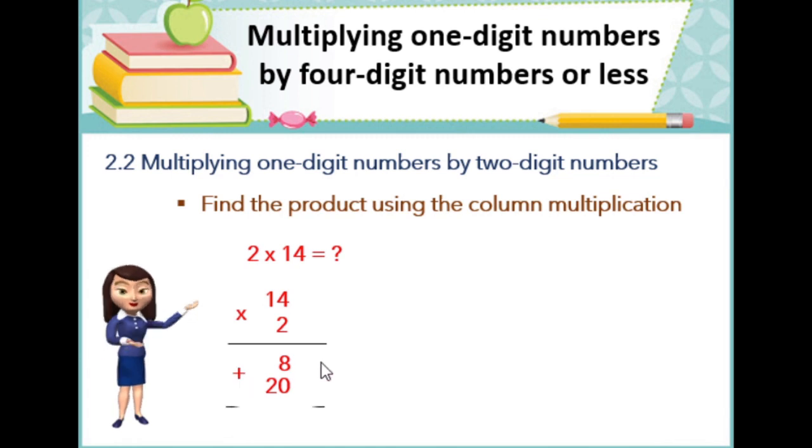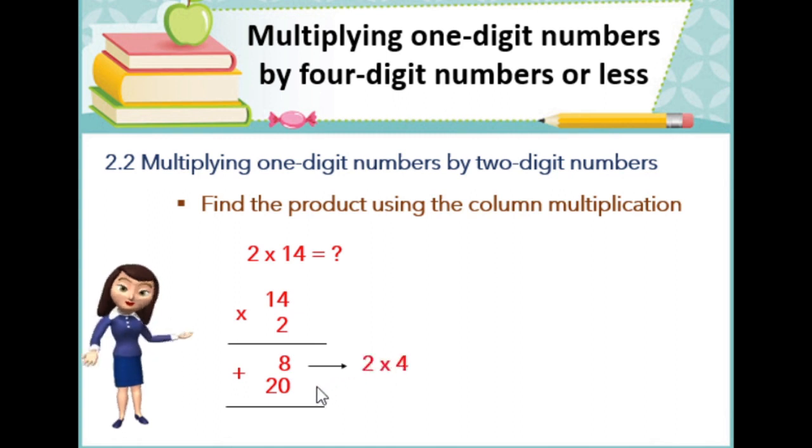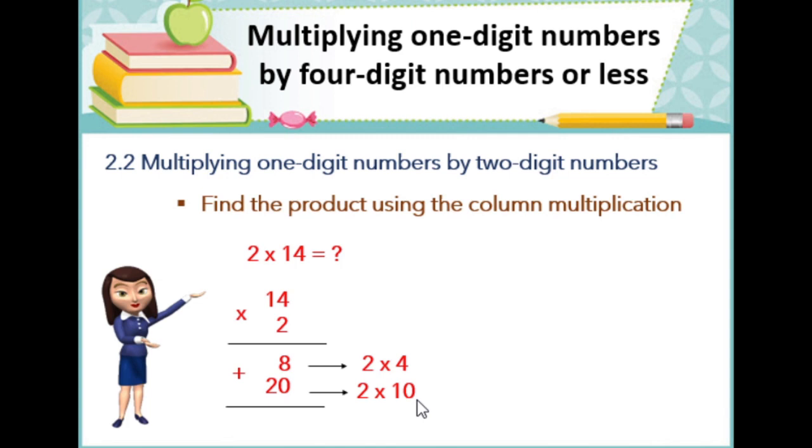Now 8 comes from 2 times 4 and 20 comes from 2 times 10. Because again, 1 is in the tens place, so its value is 10. We add them together. 8 plus 0 equals 8. 0 plus 2 equals 2. We still get the same answer, right?